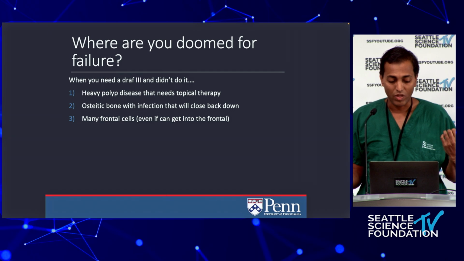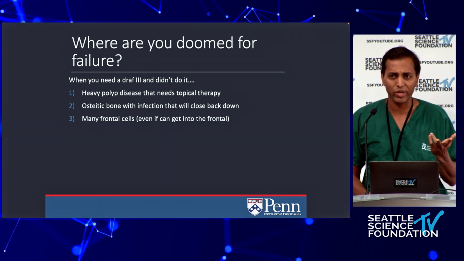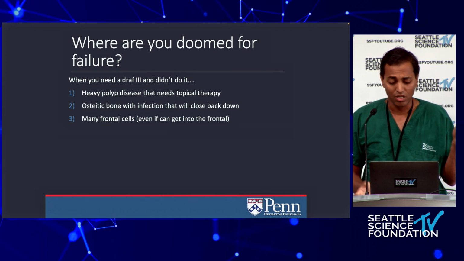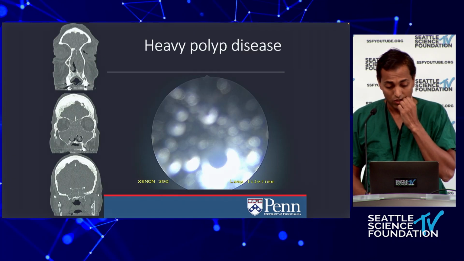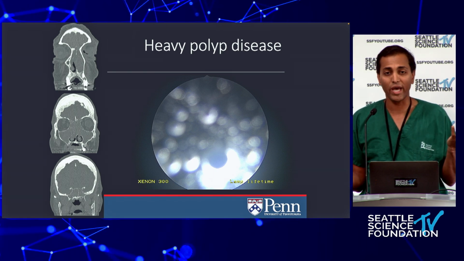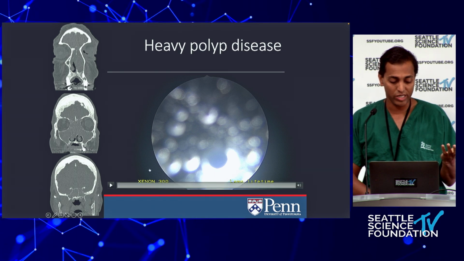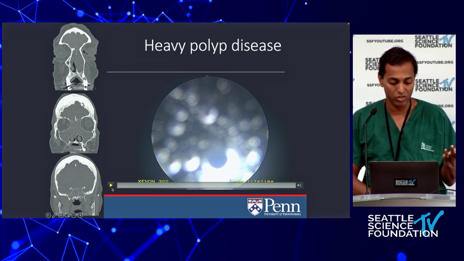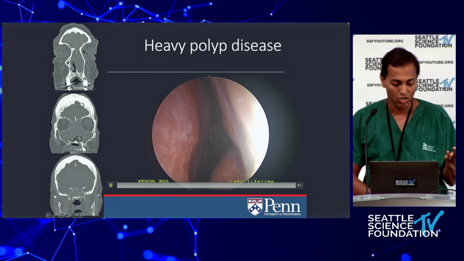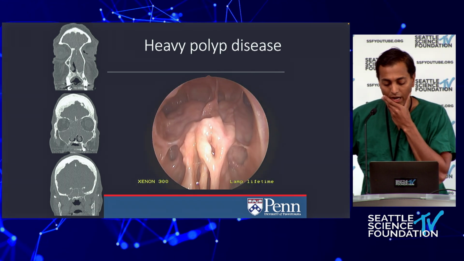So one is heavy polyp patients, that osteotic bone, and this we can talk about if we have time in the lab, is a lot of frontal sinus cells. So this patient to me is just going to struggle even if I do 2As, because this patient needs really good topical access to get those steroids in. I don't think you can get that good topical access without really opening those sinuses up really widely.